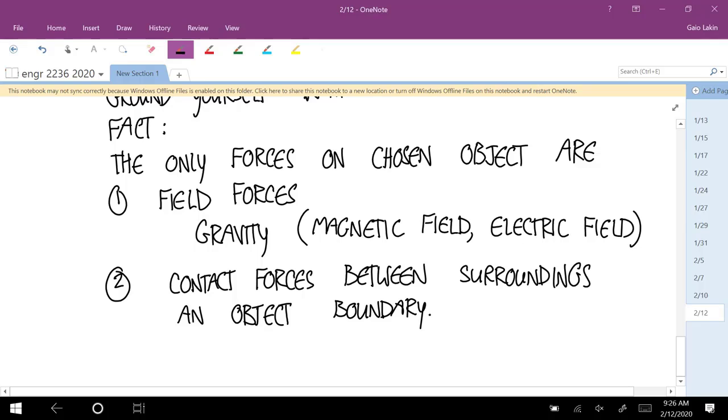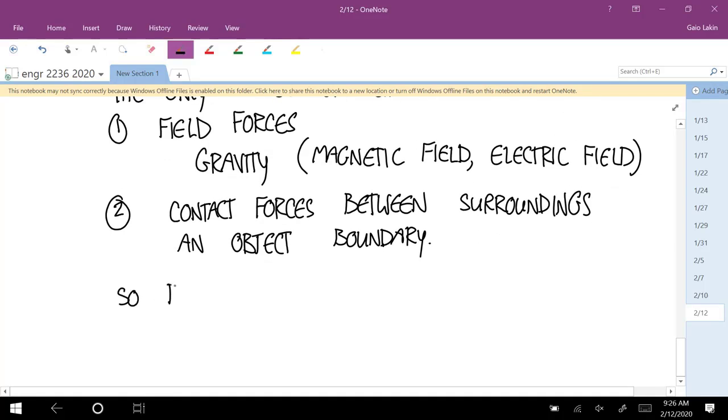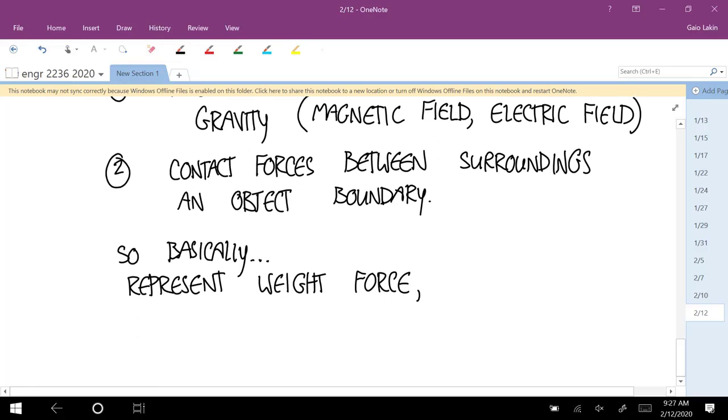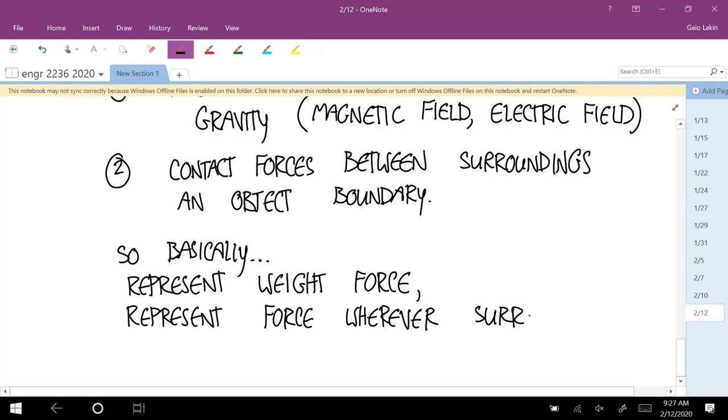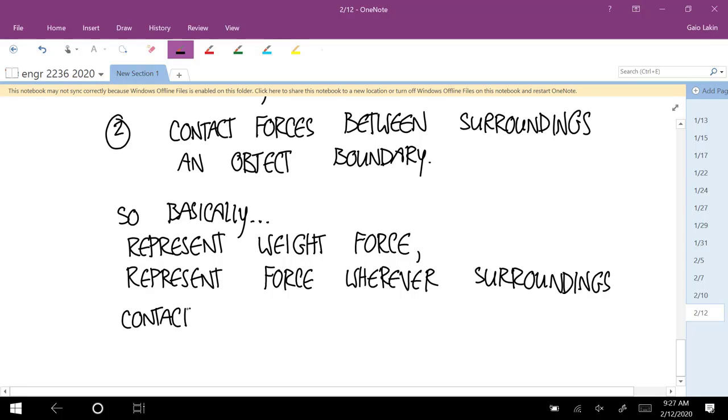So in a complicated problem where you look at it and your brain sort of wants to freak out, just remind yourself that basically you represent the gravity force, the weight force, and then represent the force wherever the surroundings contact the boundary.